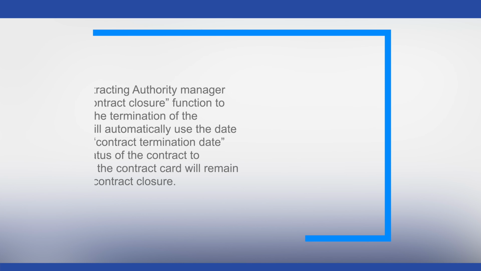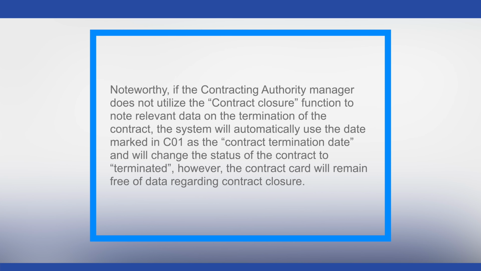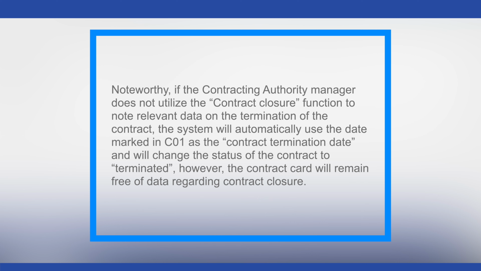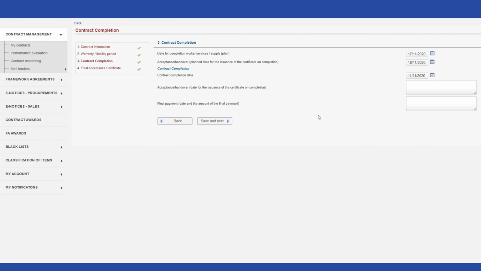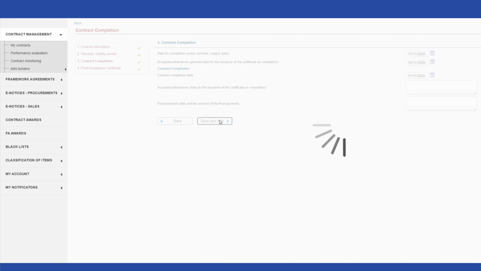Noteworthy: if the contracting authority manager does not utilize the contract closure function to note relevant data on the termination of the contract, the system will automatically use the date marked in C01 as the contract termination date, and will change the status of the contract to terminated. However, the contract card will remain free of data regarding contract closure. To save data and proceed to the next step, click on the Save and Continue button.